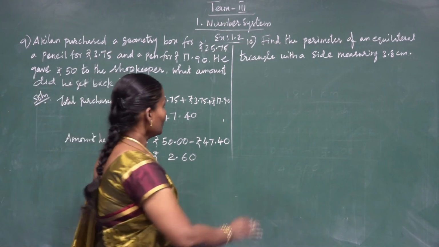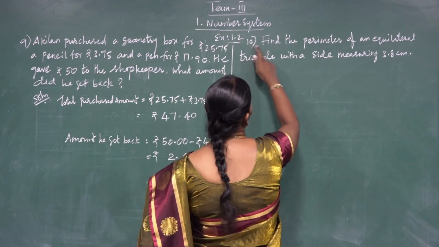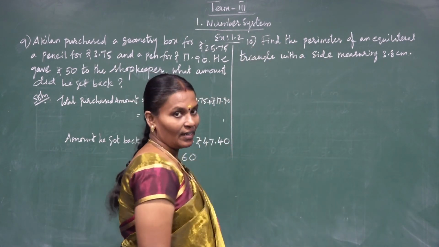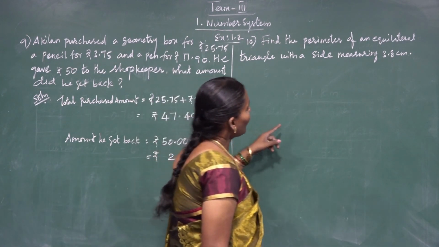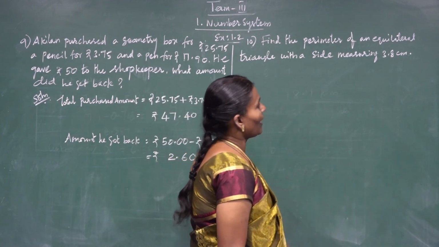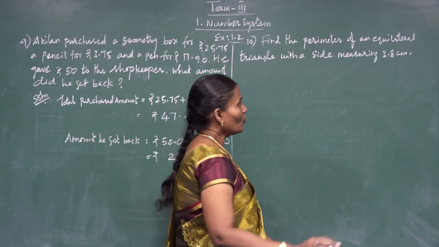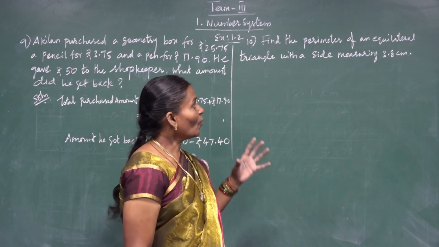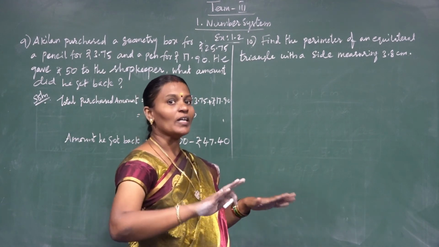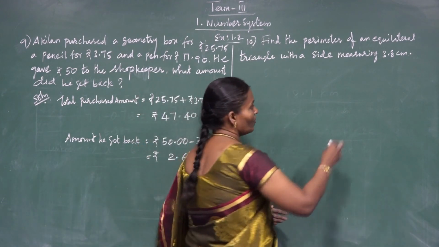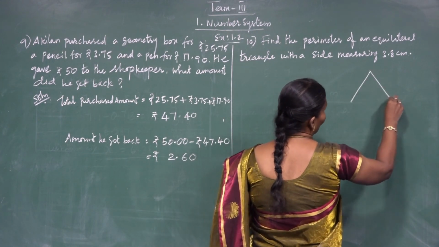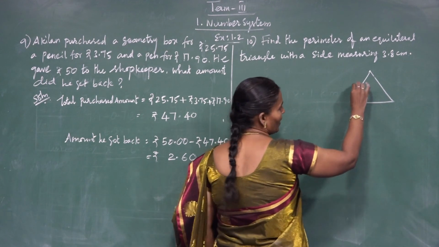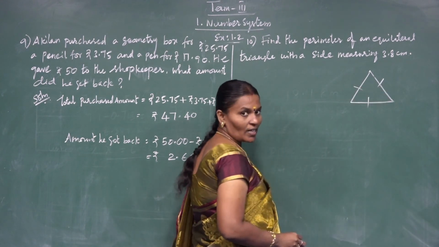Good. Now we see the 10th one. Find the perimeter of an equilateral triangle with a side measuring 3.8 centimeter. Okay, you know equilateral triangle means the 3 sides are equal.